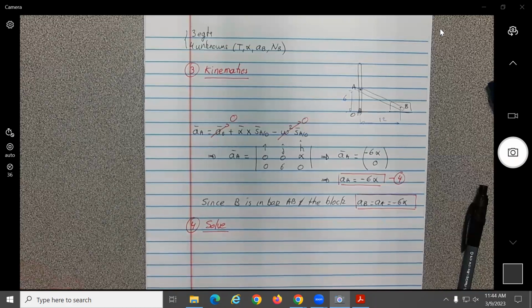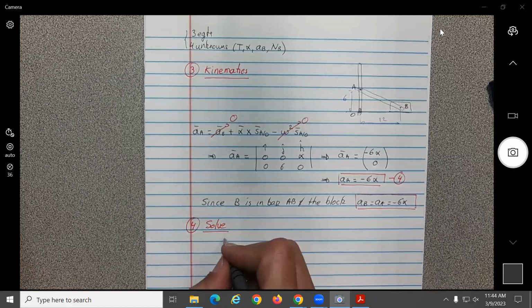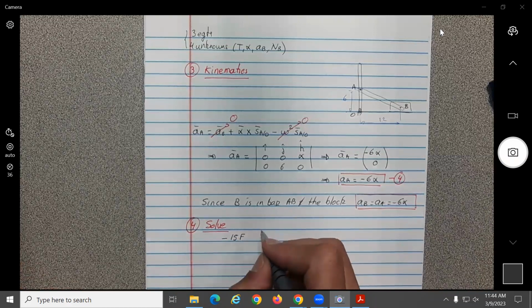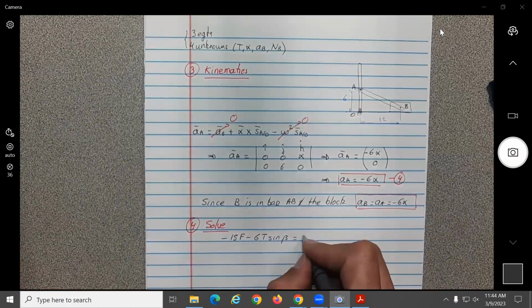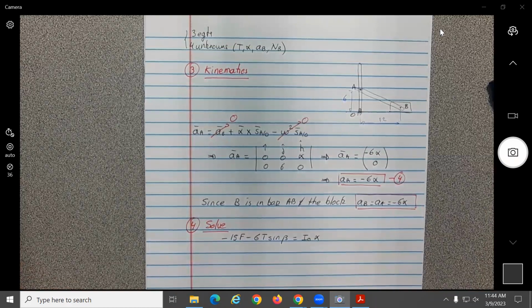So basically we are here. Maybe let's just write down the equations. It will be minus 15F minus 6T sine beta equals I sub O alpha.